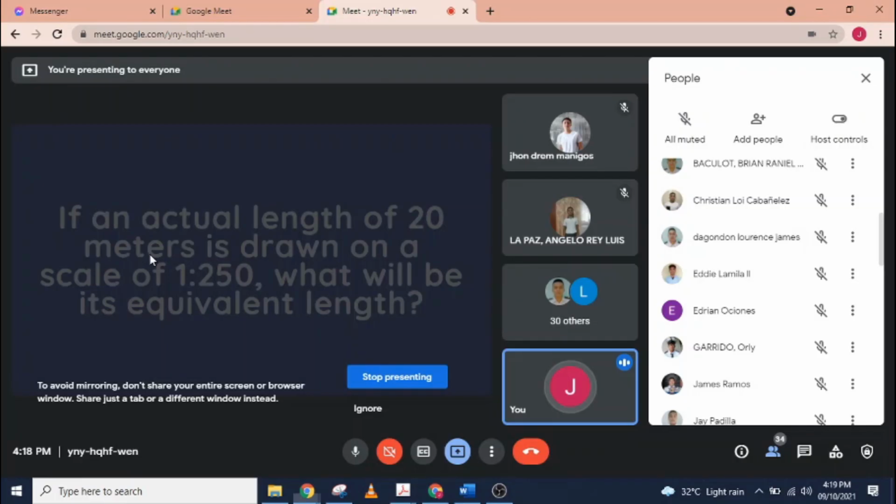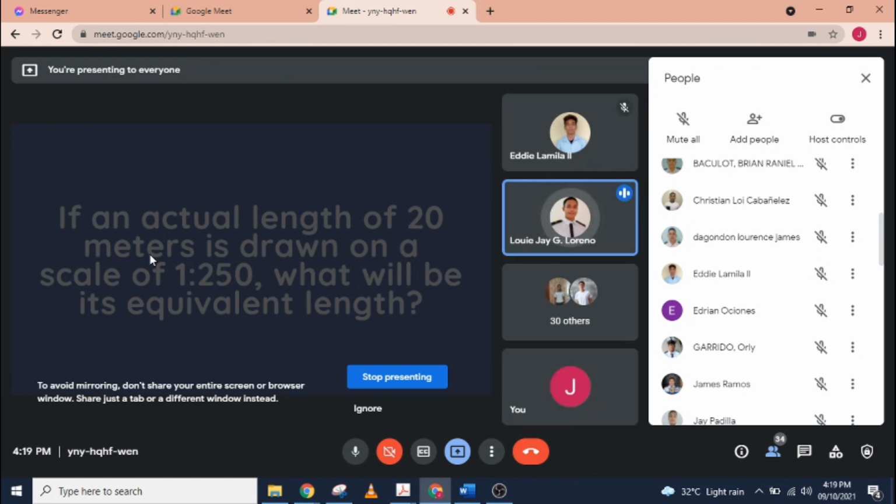We have a question here. Anybody from the class? Go ahead, Lorenzo. If an actual length of 20 meters is drawn on a scale of 1:250, what will be its equivalent length? Class, the length of the actual object is 20 meters.